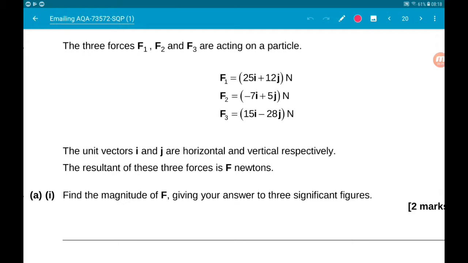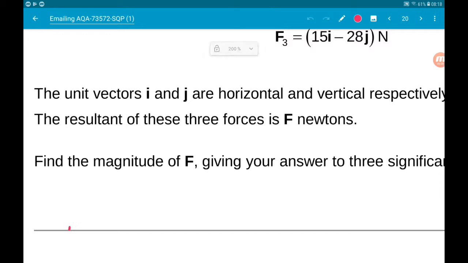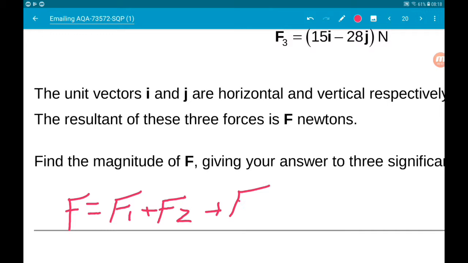So, first of all, we get the resultant by adding all of the other forces together. So, F is F1 add F2 add F3.